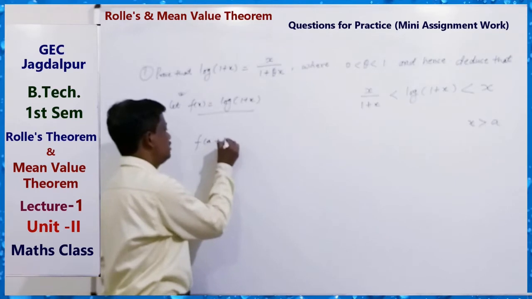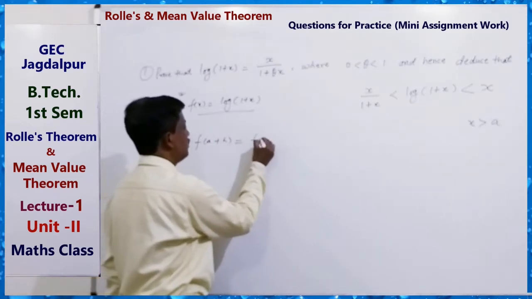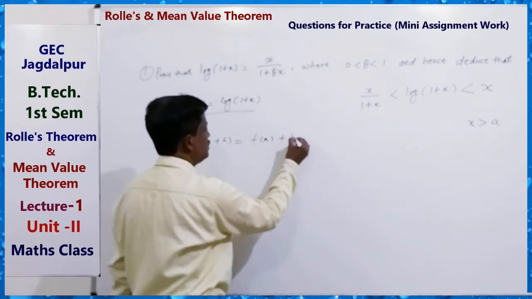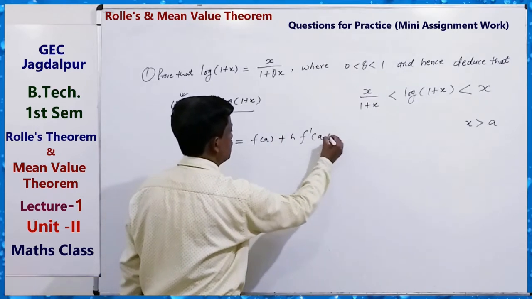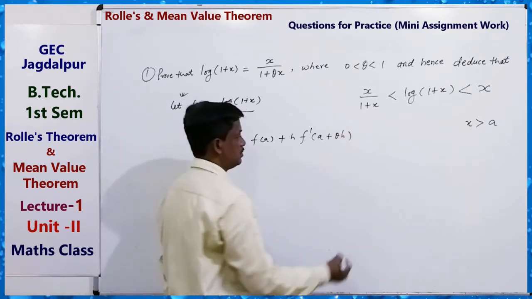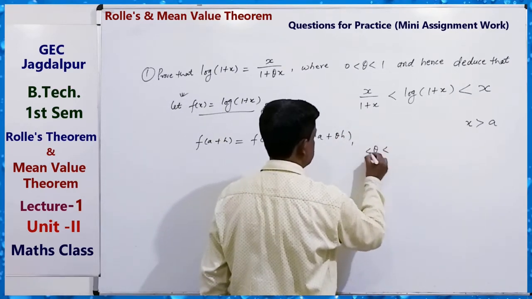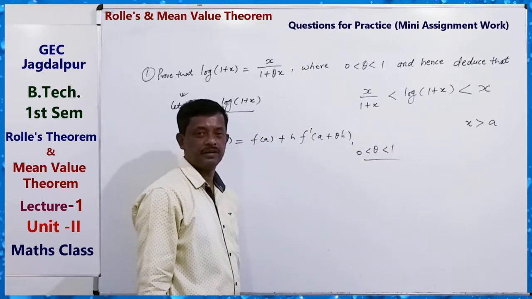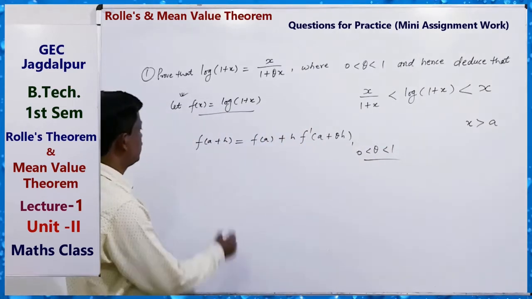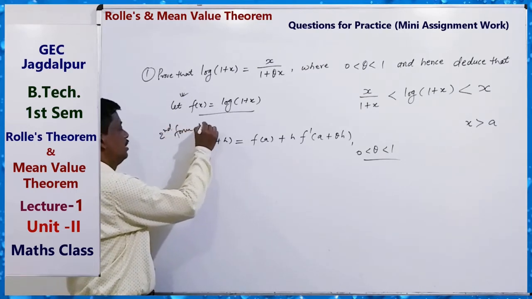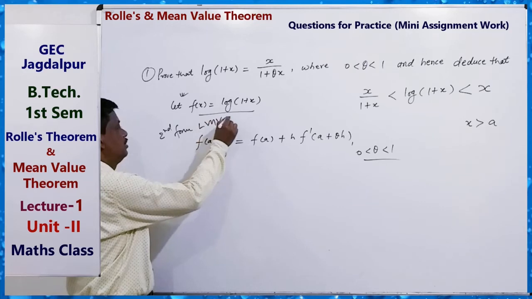The second form is f(a plus h) equals f(a) plus h f dash(a plus theta h), where theta lies between 0 and 1. Okay, this is the second form, the Lagrange mean value theorem.